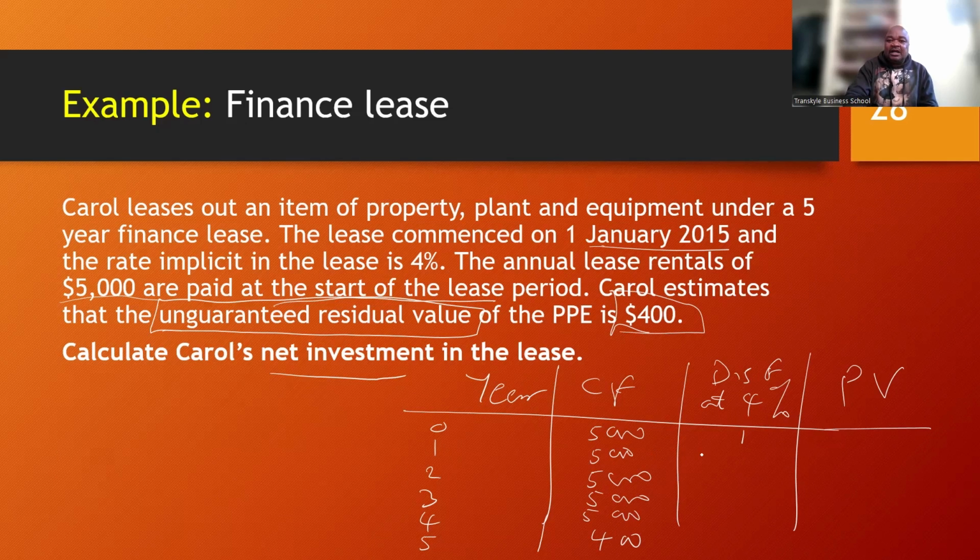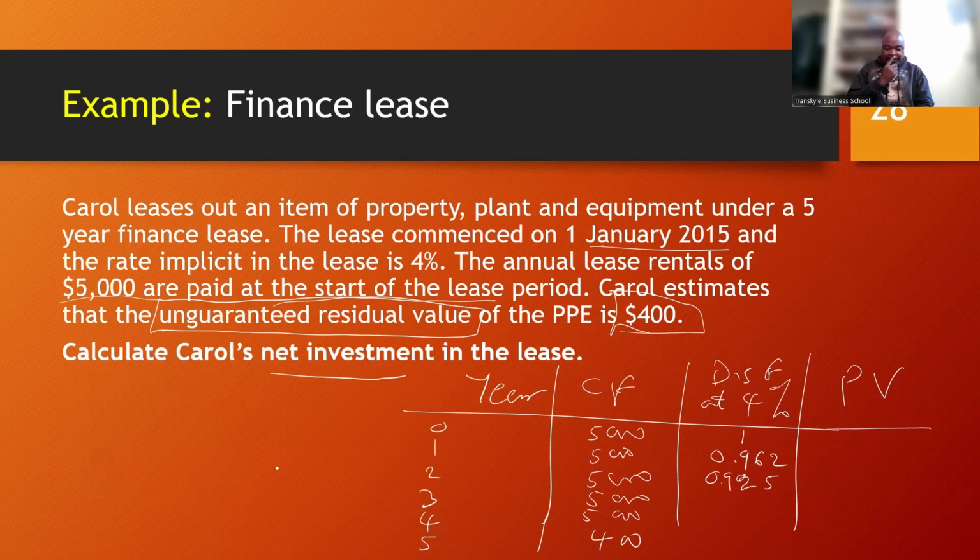Then we have got 0.962, 0.925. That's for year 2.